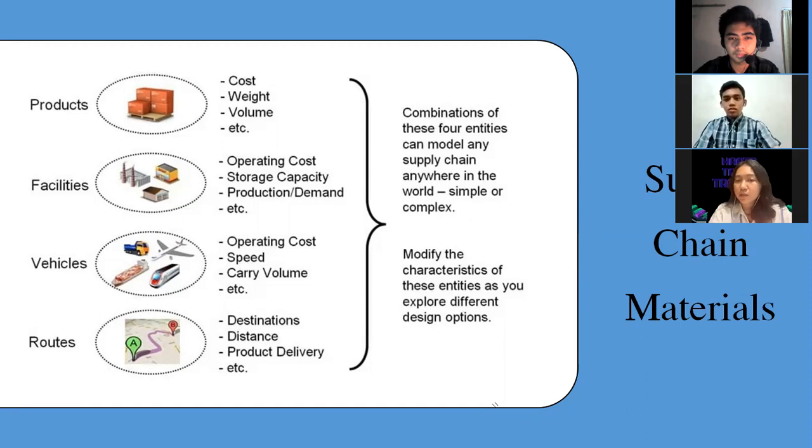It contains destination, distance, product delivery, etc. The combination of these four entities can model any supply chain anywhere in the world, simple or complex. So we can modify the characteristics of these entities as we explore different design options. Next slide.